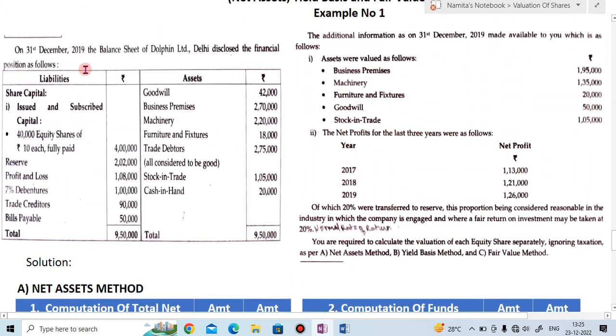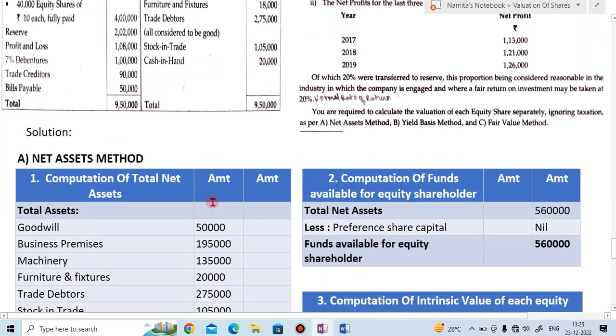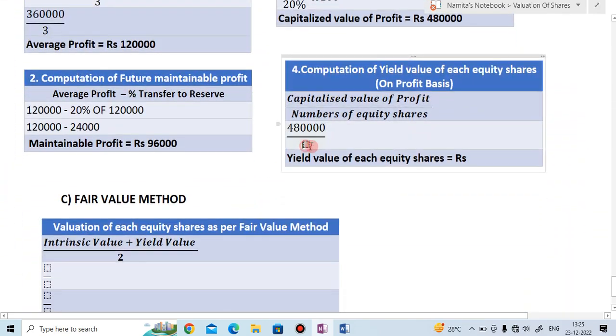Check in the balance sheet. In the liabilities, equity shares are how much? 40,000 equity shares. So 4,80,000 divided by 40,000, you will get the answer 12 rupees.